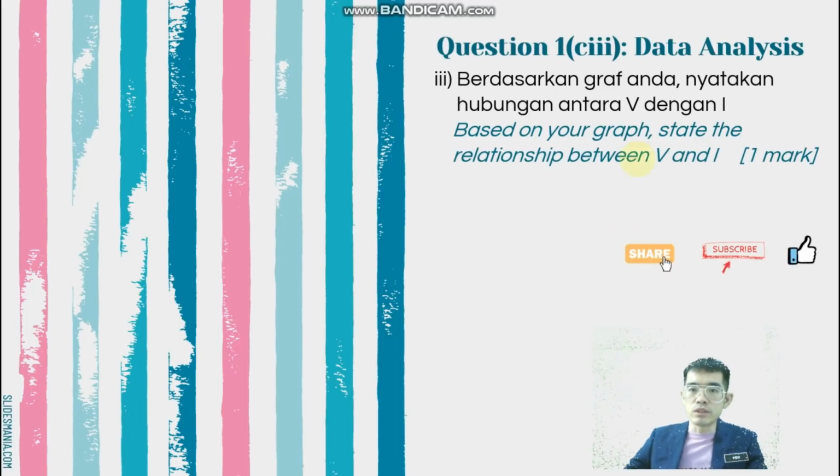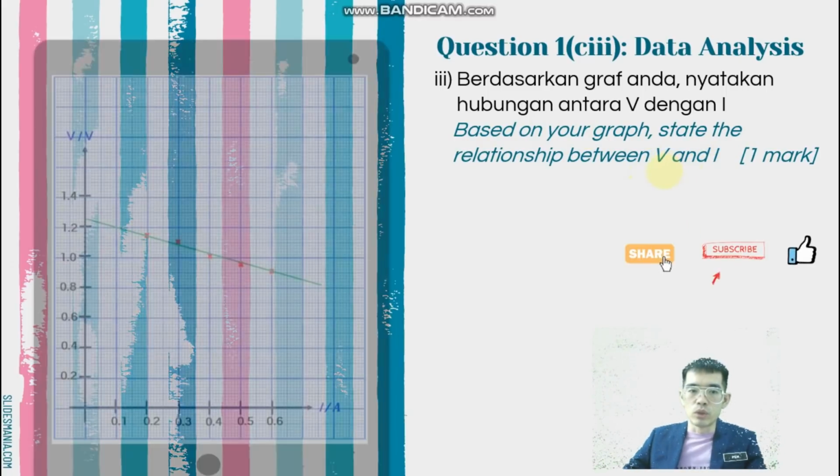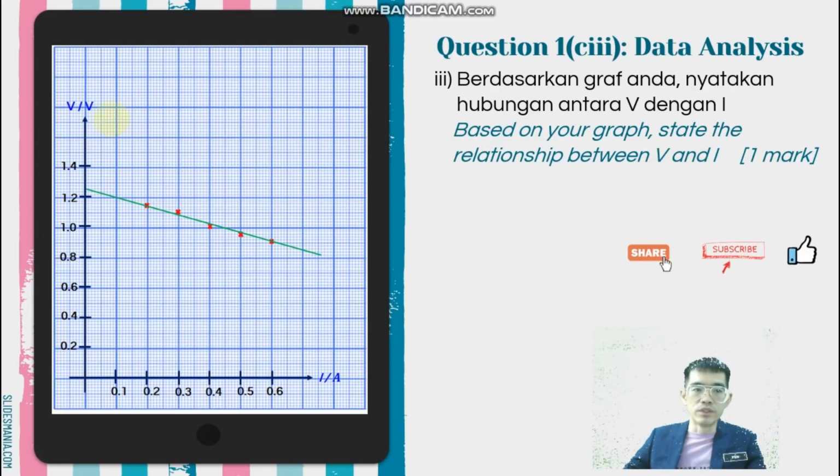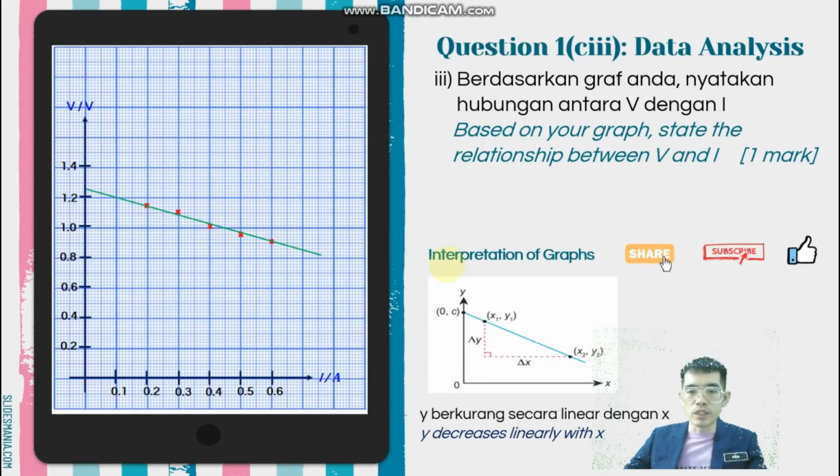Okay, for the next question, which is also data analyzing: based on your graph, state the relationship between V and I. Again, we observe our graph. Here is the explanation of the interpretation of the graph, which you have already learned in Chapter 1, Form 4. In total we have 6 different shapes of graph.